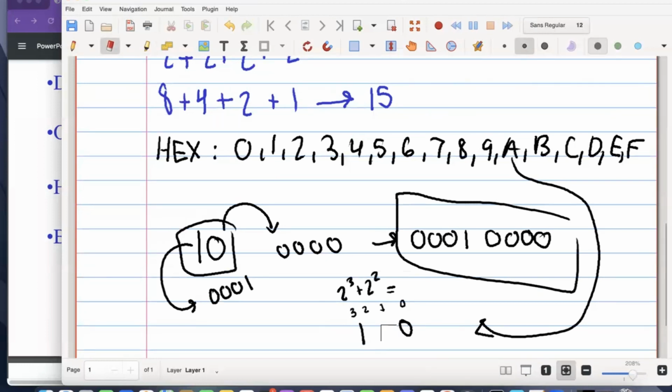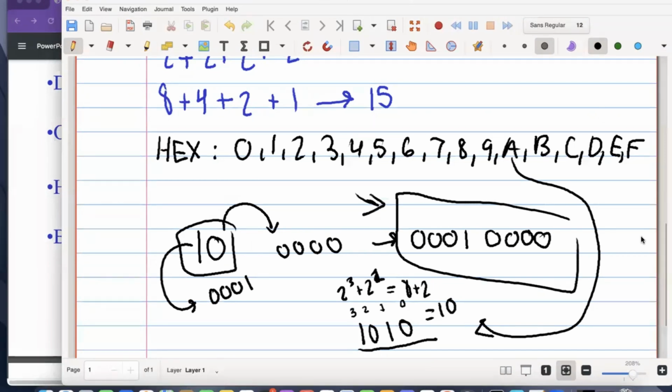It's 8 plus 2, which makes 10. It's always good to check. This is much less memory intensive than having all of this.